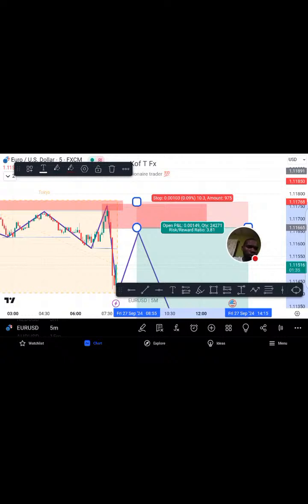So I'm risking $30 on this. So 0.3. So what I'm expecting right now is price going back to the supply zone and continuing the sell.